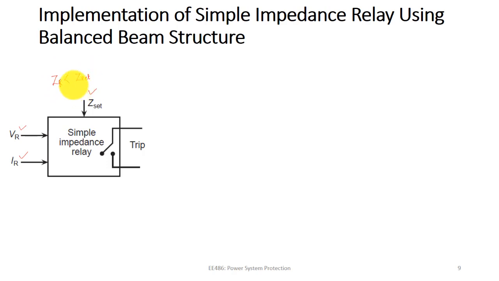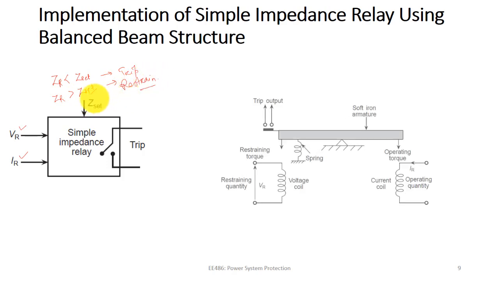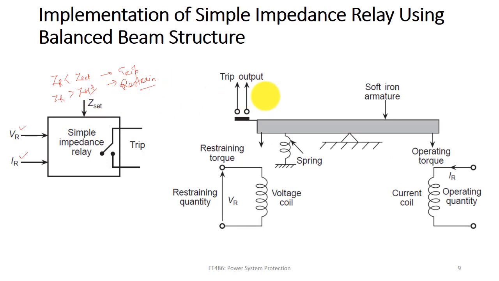When ZR is greater than Z set, it will restrain, and when ZR is equal to Z set, that is the verge of operation, the boundary point.